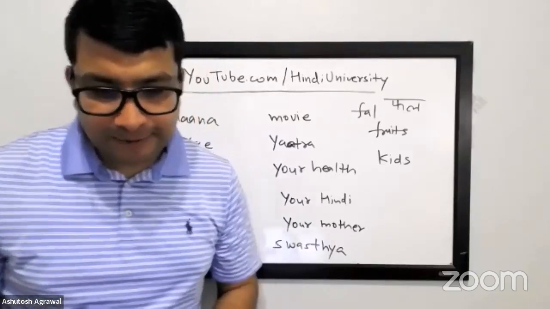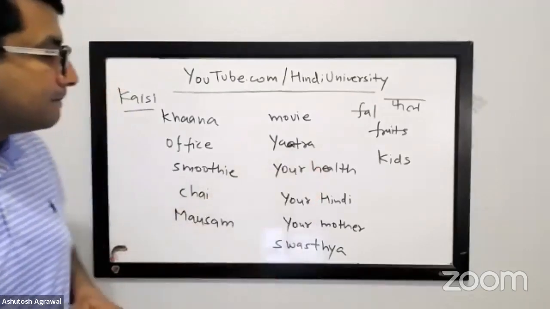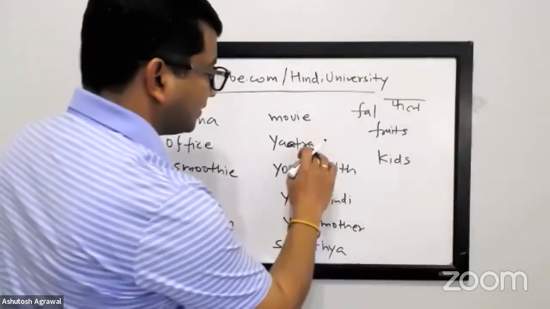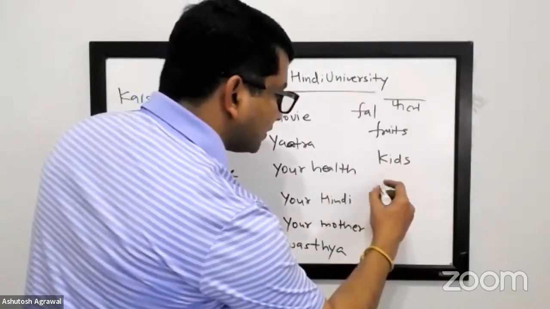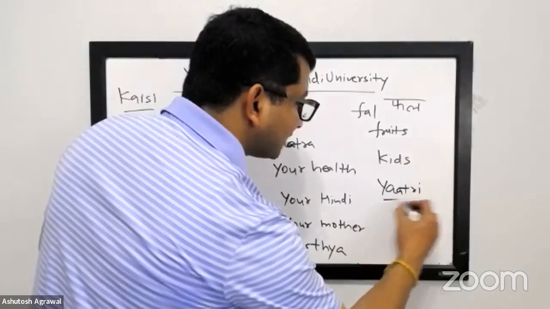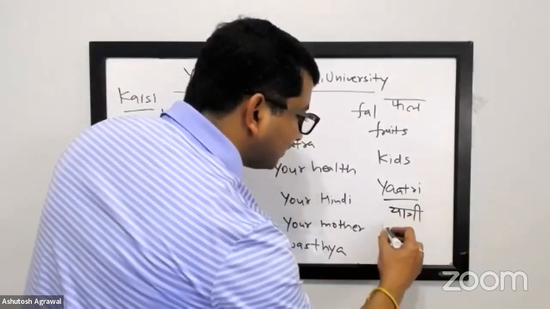Yes, please. Yatra is male traveler, and if it's a female traveler, it stays yatra or it becomes yatri. So yatri is a traveler, but if it is a travel, it's yatra.